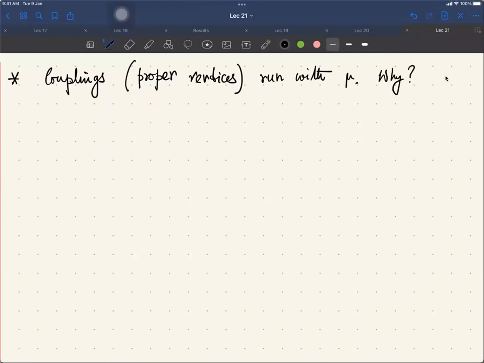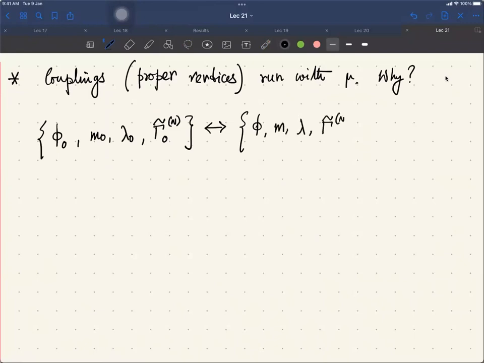The reason is that we introduced bare quantities phi naught, m naught, lambda naught, and the bare vertices, and we had defined the bare quantities in the previous lecture. They are related to the renormalized quantities phi, m, lambda, gamma tilde n, and mu.